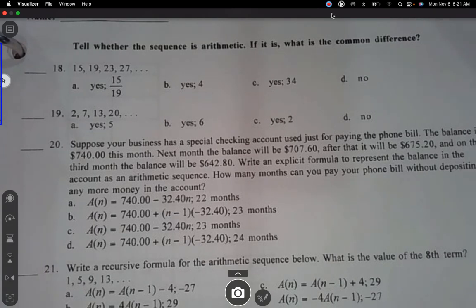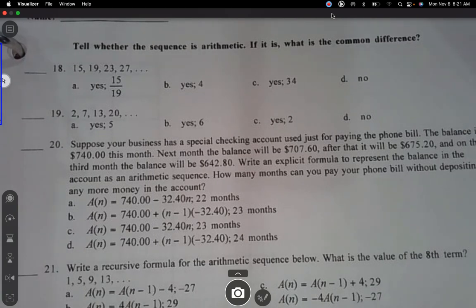Are you adding and subtracting every time? That's what it means to be arithmetic. When you were really young, they said you learned writing and arithmetic. Arithmetic was like the best: adding and subtracting. In kindergarten, are you multiplying and dividing? No, most likely not. So arithmetic, are you adding or subtracting the same number every time?